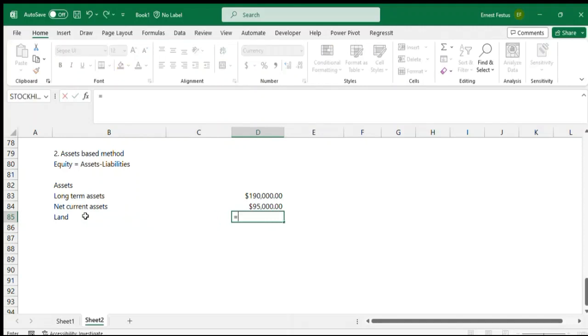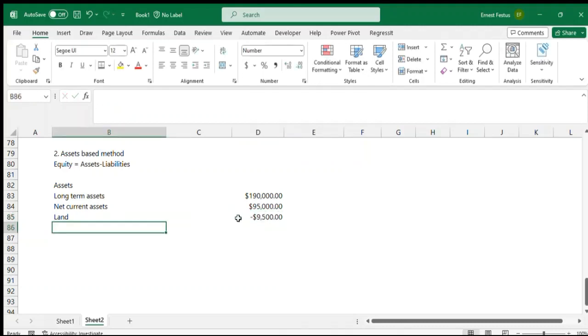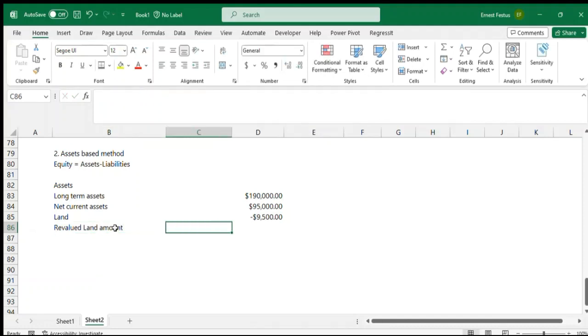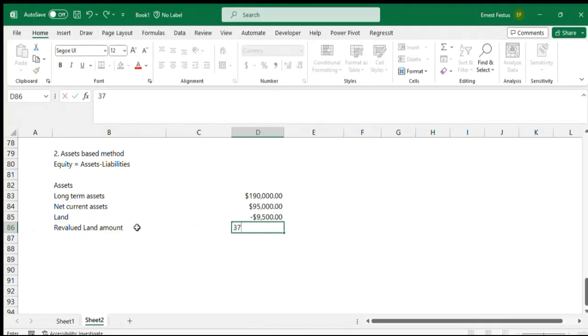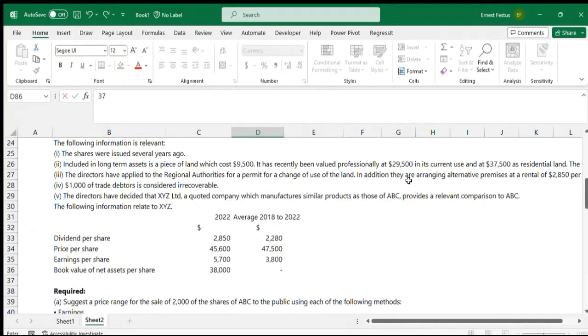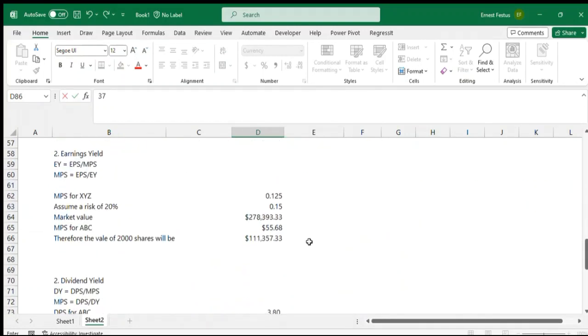I'm going to take it off from the books, so let me make it negative, because I'm taking it out from the books, and we will have the revalued land amount, and that is 37,500.